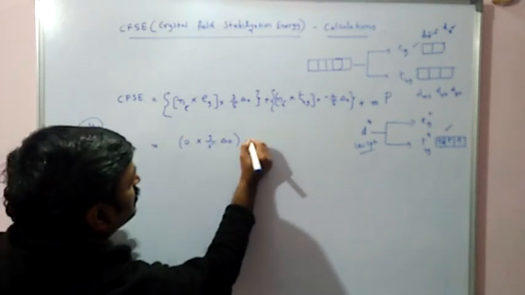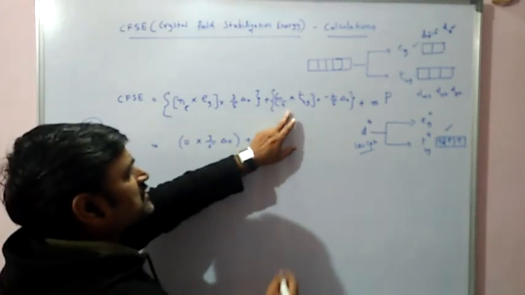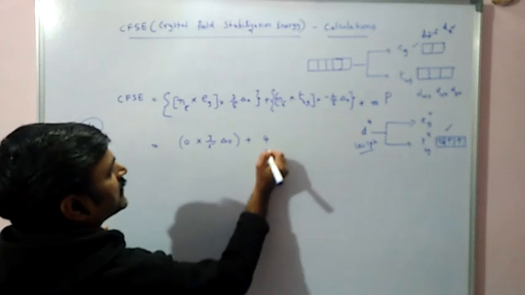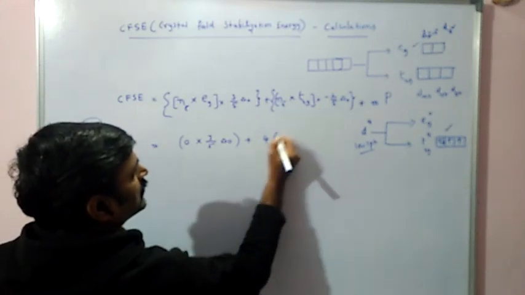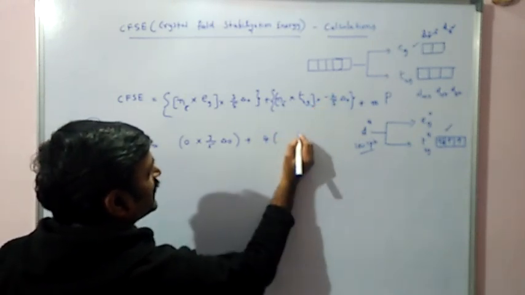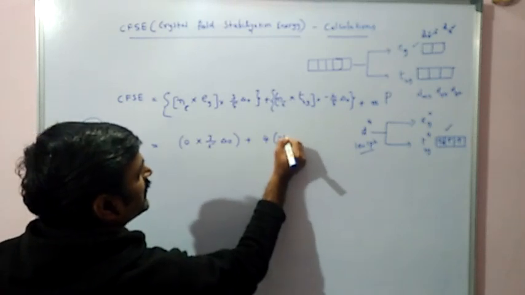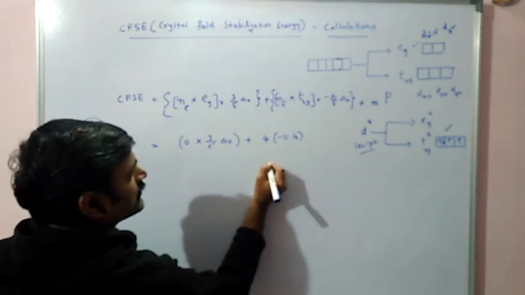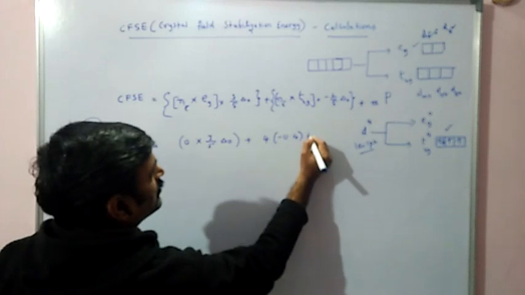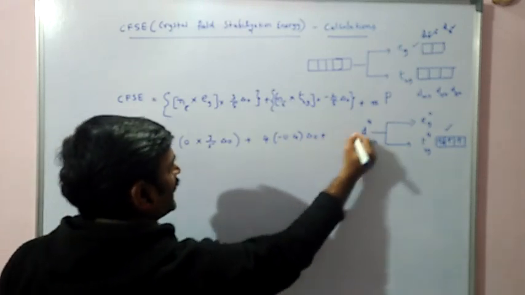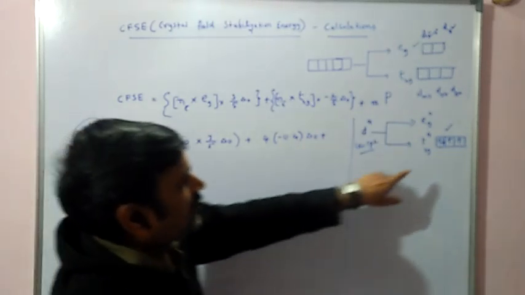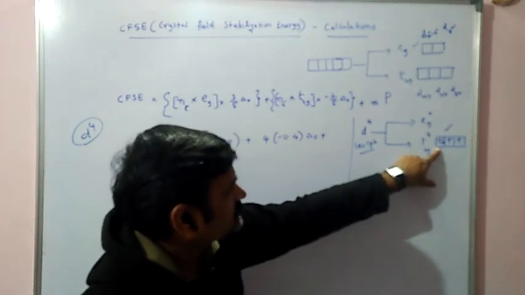This is 0, plus the number of electrons in T2g, 4, multiplied with minus 2 by 5. Minus 2 by 5 is minus 0.4 delta naught, plus the number of paired electrons.